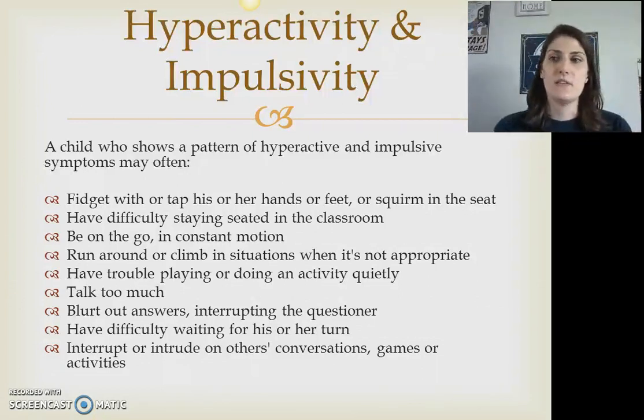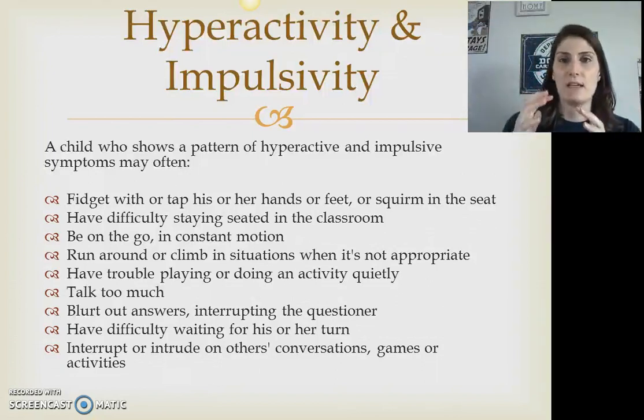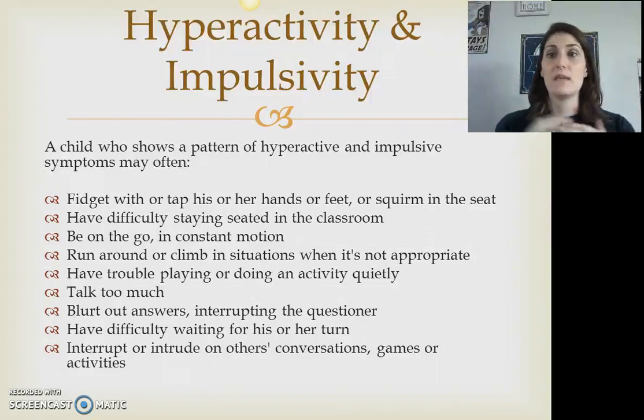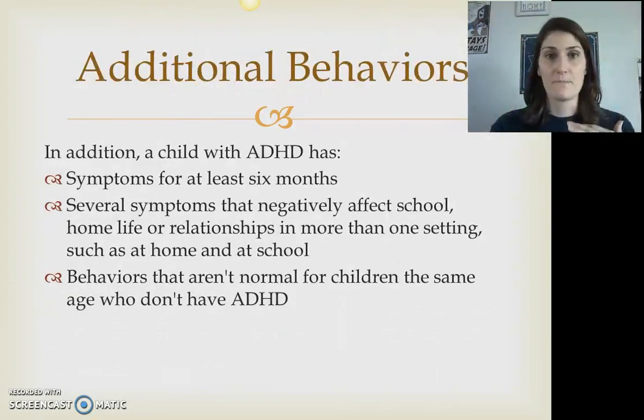It's not just that either the child has inattentive symptoms or hyperactivity and impulsive symptoms. It can be a combination of either. And some of those additional behaviors: it's going to affect relationships, not only at school but at home, in really all facets of their life.